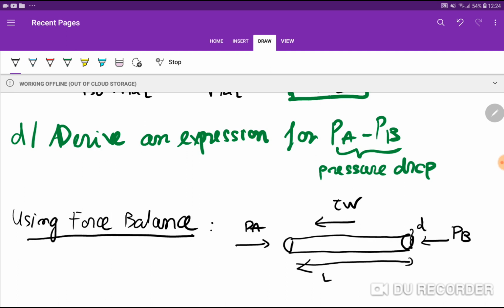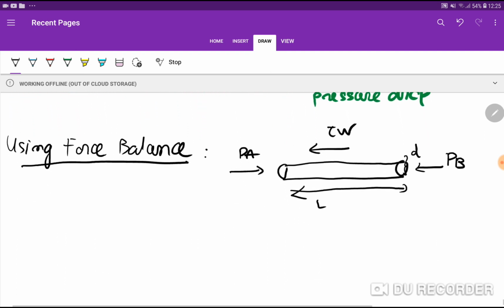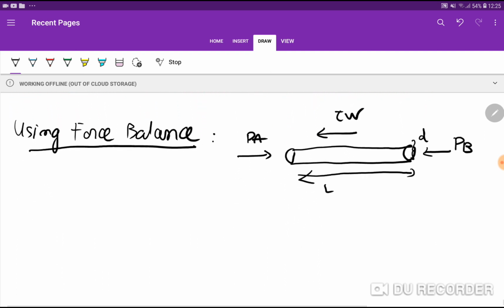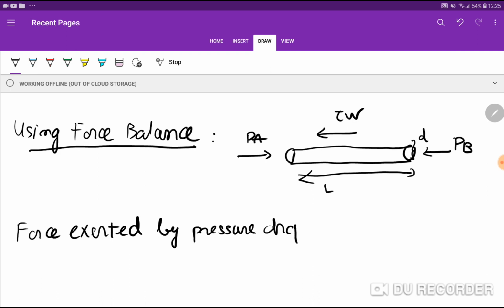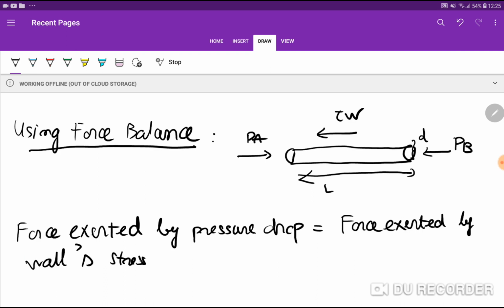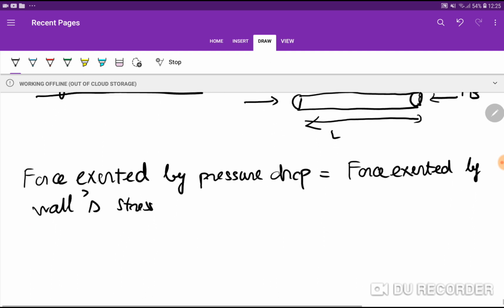Okay, so how do we do this? You can use a force balance. You can say force exerted by pressure drop equal to force exerted by wall stress. So what can you get?